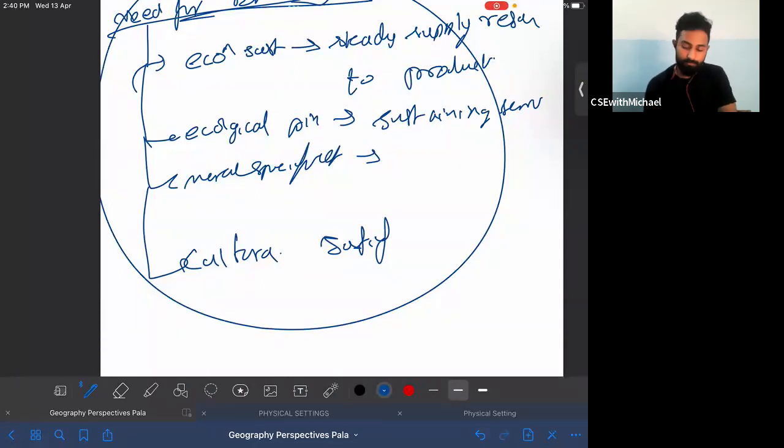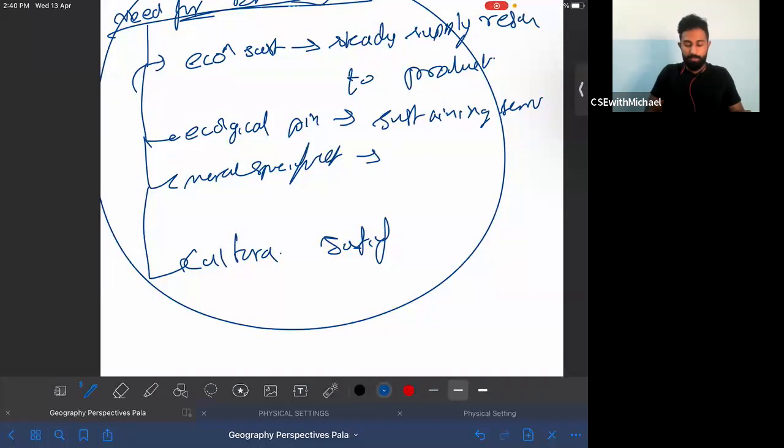For example, agriculture. Agriculture is highly dependent on the health of the ecosystem or the environment. So for healthy agricultural production, you need to preserve the ecosystem, or rather the ecosystem must be managed well. So that is the economic justification.